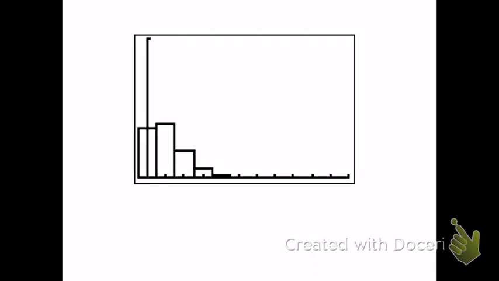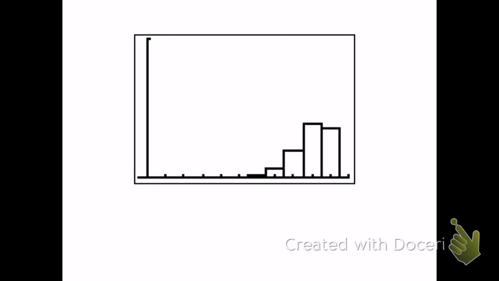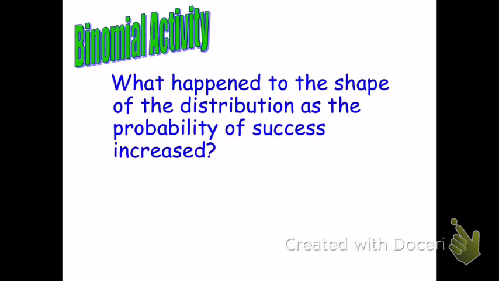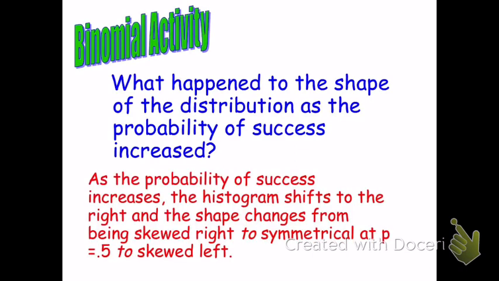Right here, my probability of success is like 0.10. So I have a 10% chance of making a basketball goal, or a 10% chance of making an A on the test, something like that. As my probability of success is increasing, this right here would be 90% success, and the probability of failing is 10%.